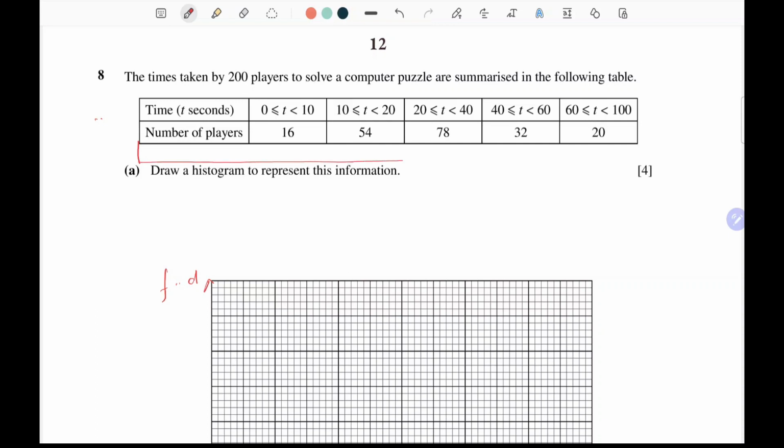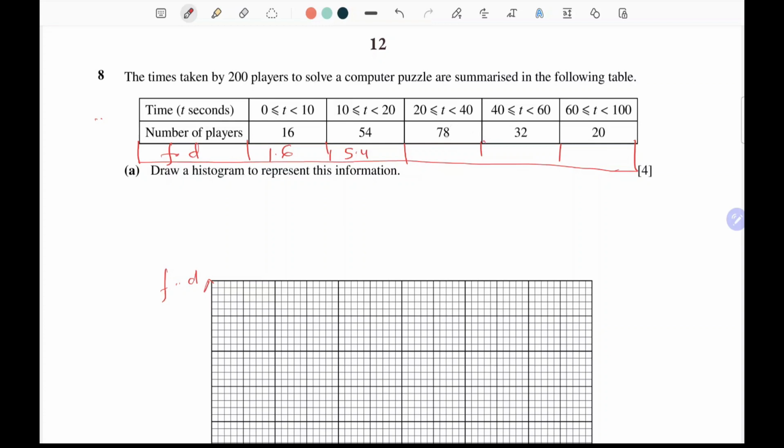Can I add one row here? So this is F.D, frequency density. So you know that frequency over width. So 16, and width is 0 to 10, width is 10. So 16 over 10, that is 1.6, right? Okay, next is 54, and again gap is 10, so 5.4. 78, and gap is 20.